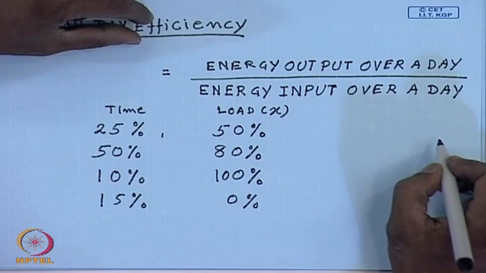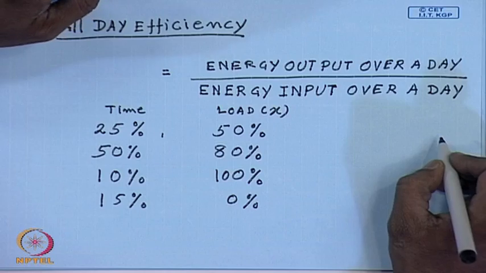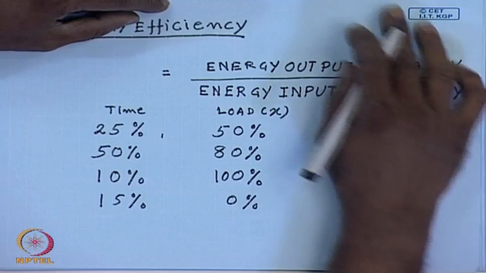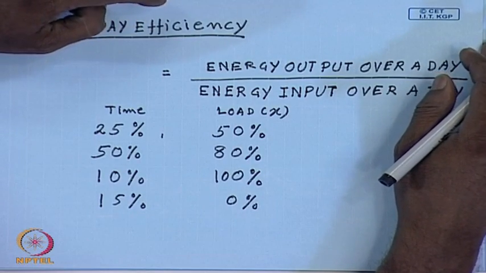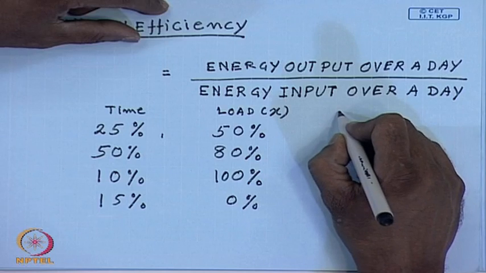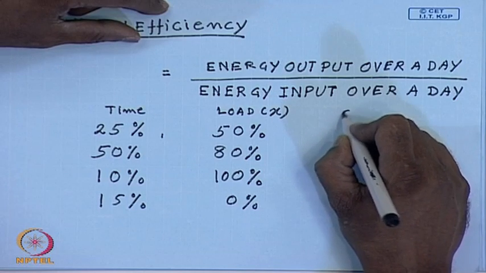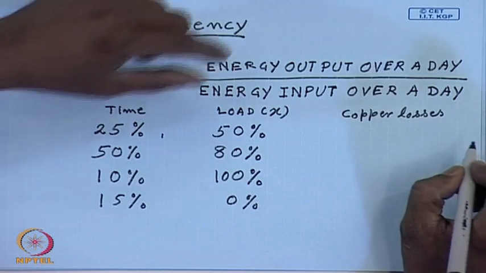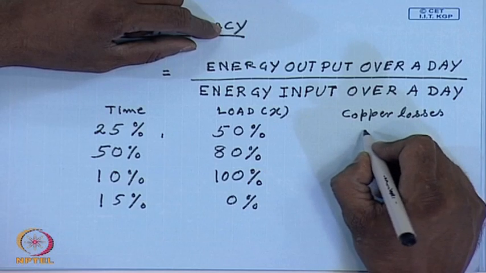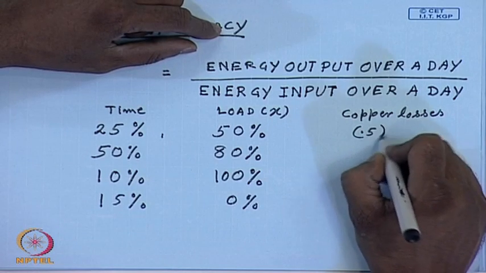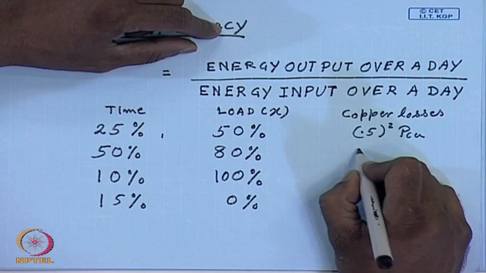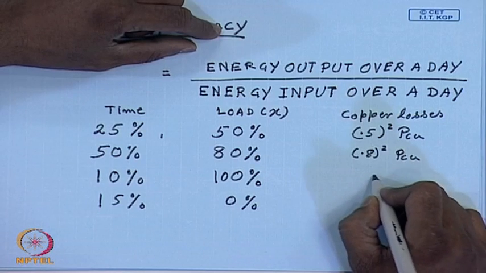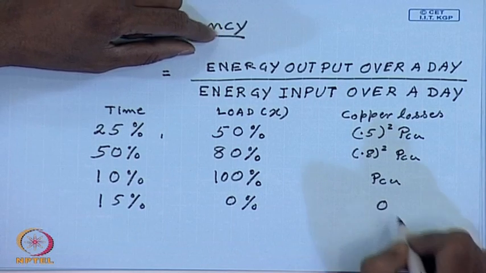Now, if this transformer has a copper loss of PCU at full load and Pi is the core loss, then the losses, copper losses particularly, will be 0.5 square PCU, here it will be 0.8 square PCU and here it will be PCU and here it will be 0.